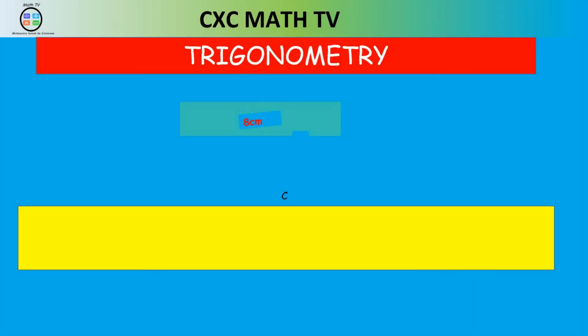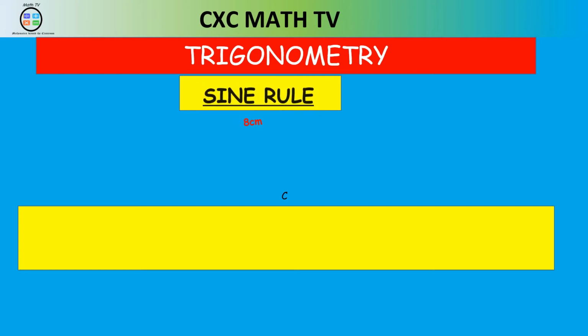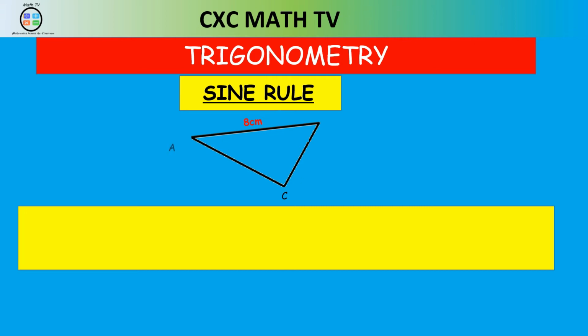Look at this question. We are given triangle ABC, and all the sides of this triangle are given. AB is 8 centimeters, BC is 6 centimeters, CA is 7 centimeters, the angle at A is 47 degrees, the angle at B is 57.9 degrees, and the angle at C is 75.1 degrees.